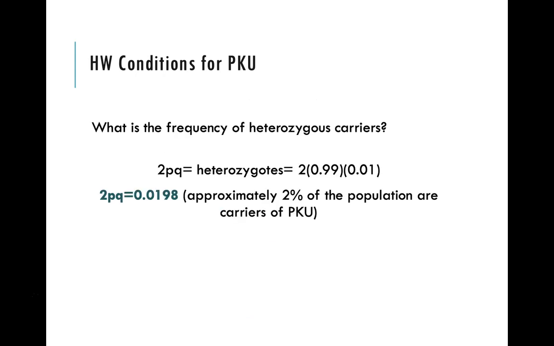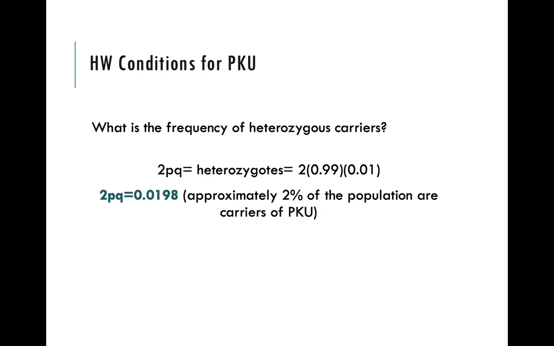So, from there, our problem asked us to calculate the number of heterozygous carriers. Well, now we've calculated p and we've calculated q. So now that we know p and q, we can just plug this back into the right part of our Hardy-Weinberg equation.